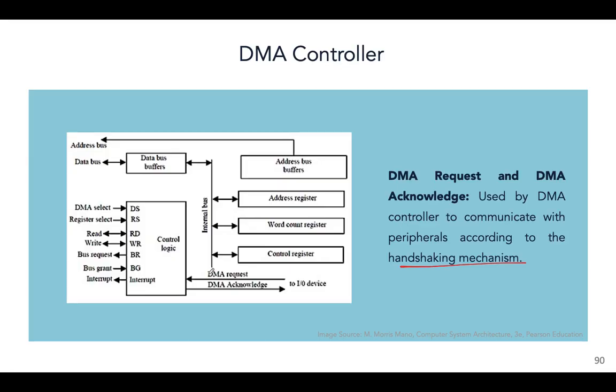This line is used by the IO device to indicate to the DMA controller that this device now needs to access the memory, either to read something from the memory or write something into the memory. When DMA controller receives some kind of request from any IO device, it sends out an acknowledge signal to indicate to the device that its request has been received by the controller.